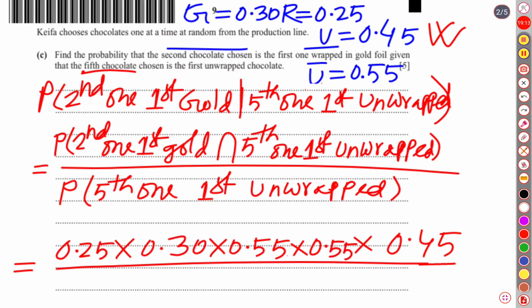Then the denominator: the fifth one is the first unwrapped, so 1, 2, 3, 4, 5. For unwrapped, the probability is 0.45.